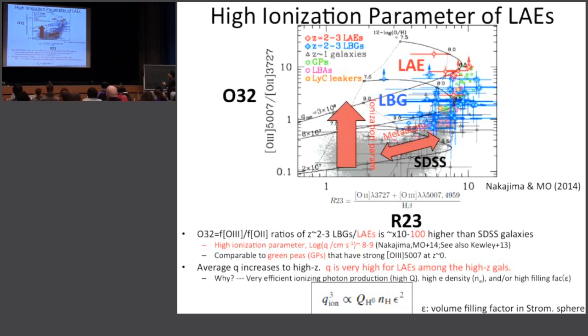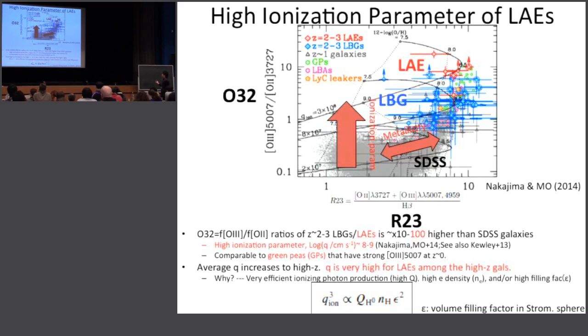The cube of the ionization parameter is proportional to the ionizing photon production rate, the density of the atoms, and the square of the volume filling factor in the Strömgren sphere. So there are 3 possibilities. One is a pretty high ionizing photon production rate in Lyman-alpha emitters. Another is a pretty high electron density in the Lyman-alpha emitters, and the other is a high filling factor.